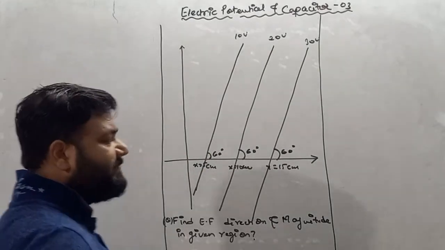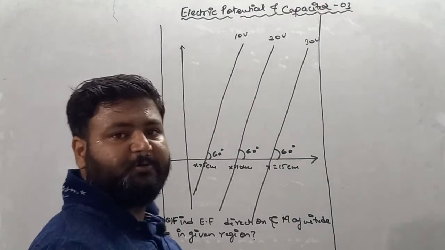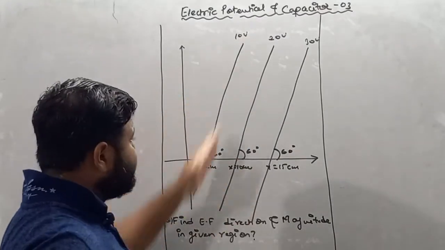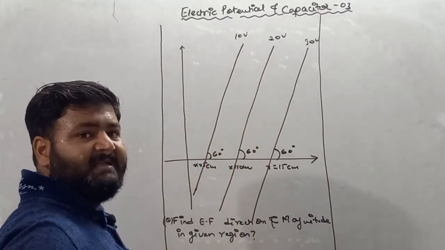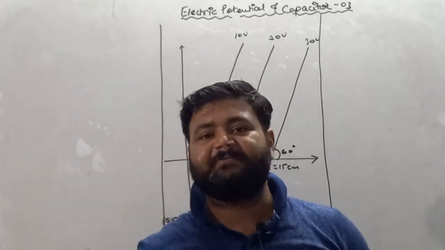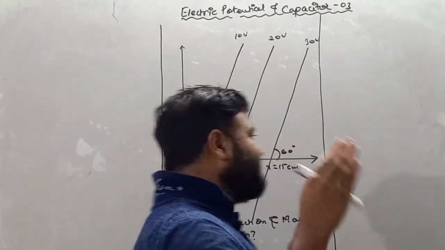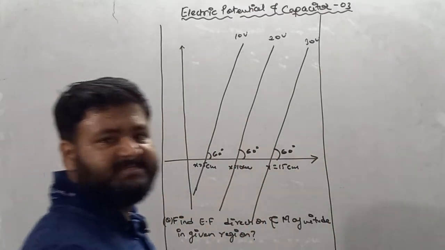Now, as we all know, the direction of electric field is always from higher potential to lower potential. This is a plane equipotential surface, and we must remember this, my dear student: with respect to an equipotential surface, the electric field is always perpendicular to the equipotential surface.